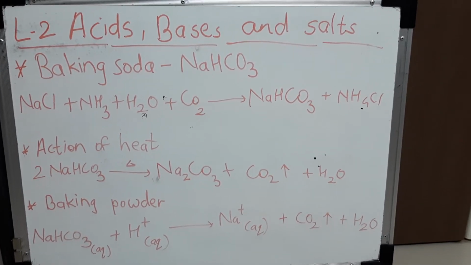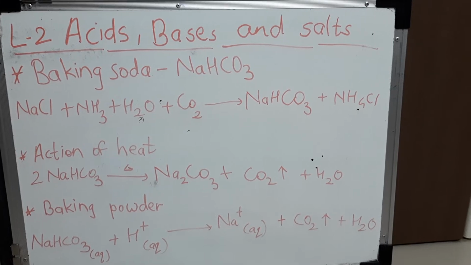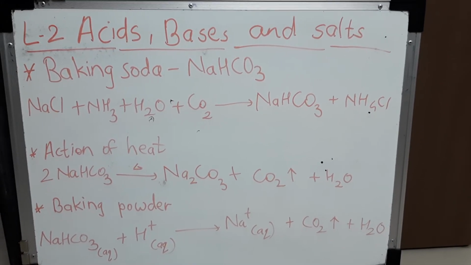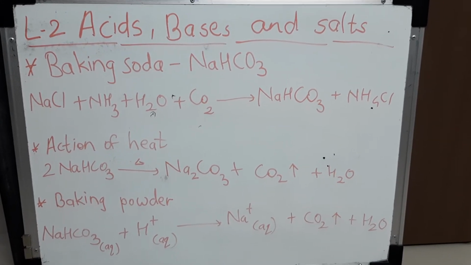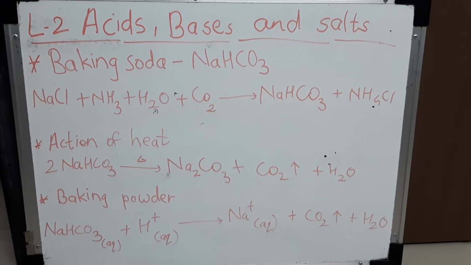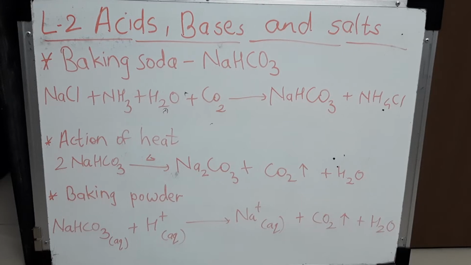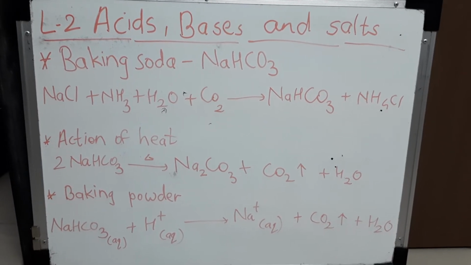It is sweet and pleasant to taste, and then our products are carbon dioxide and water. The carbon dioxide gas produced gets trapped in the wet dough and bubbles out slowly, making the cake rise and become soft and spongy.